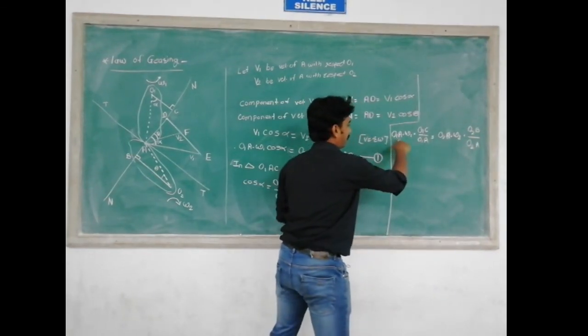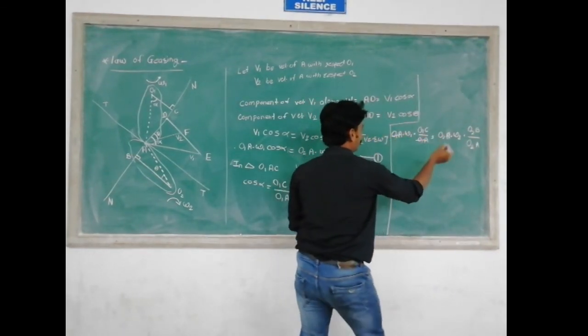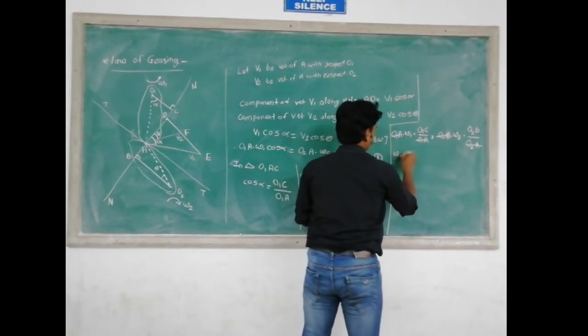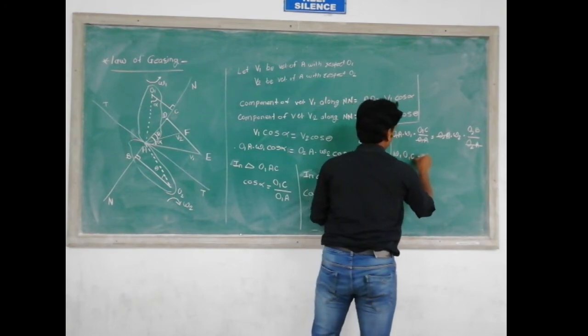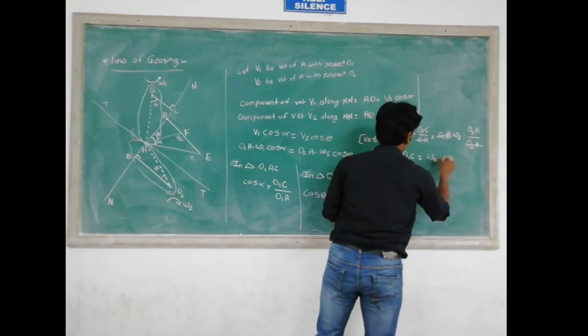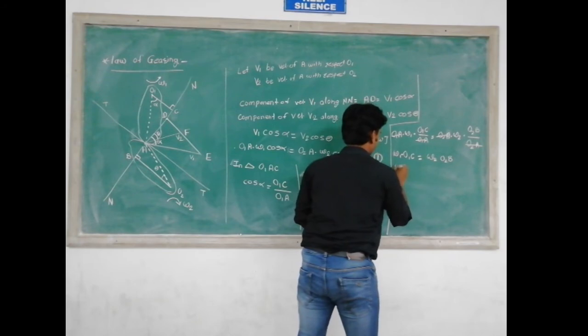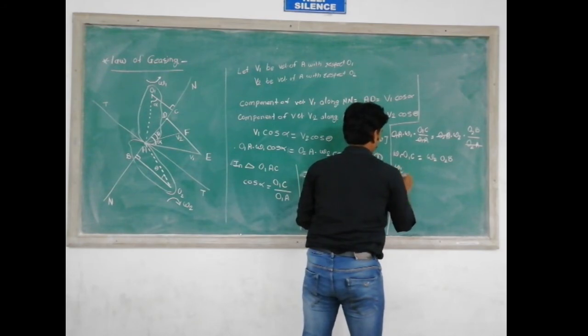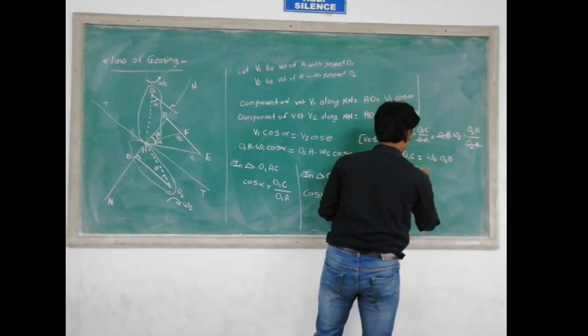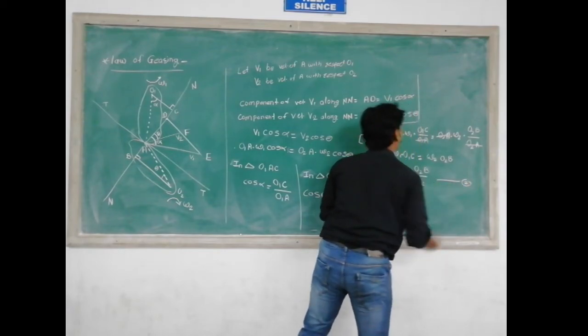Here O1A will get cancelled, O2A and O2A will get cancelled, and we will get omega 1 into O1C is equal to omega 2 into O2B. If we take this, omega 1 upon omega 2 is equal to O2B upon O1C. Mark this as equation 2.